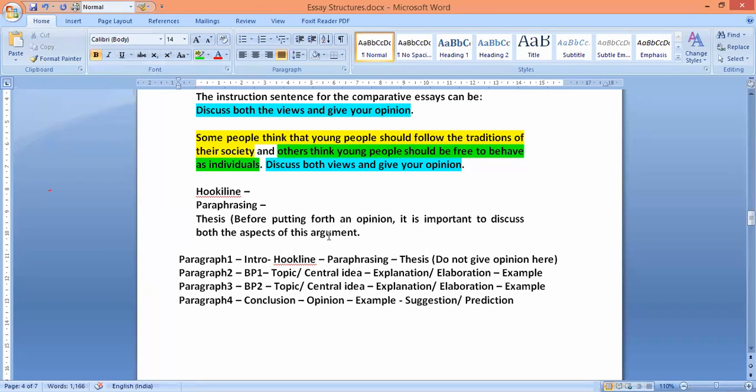Whichever side we are supporting, that side should be in BP2. Yeah, exactly, very good. That was my point. Because where is the opinion? The opinion should be near the conclusion. Once you talk about it and then immediately give the opinion, it will be coherent.